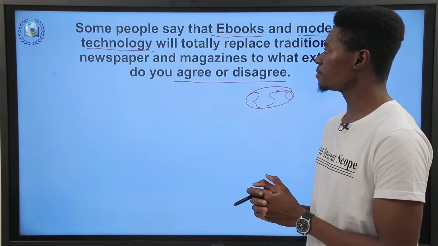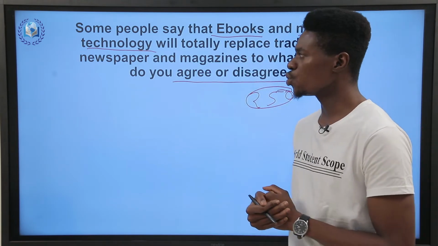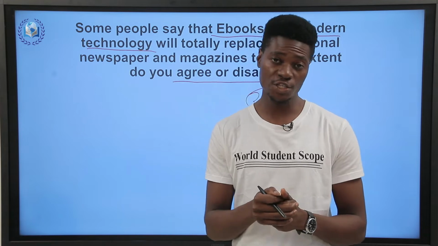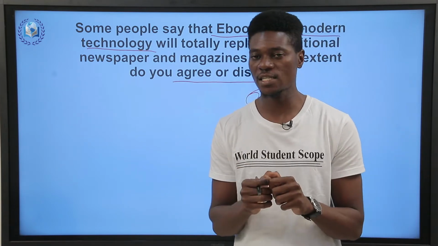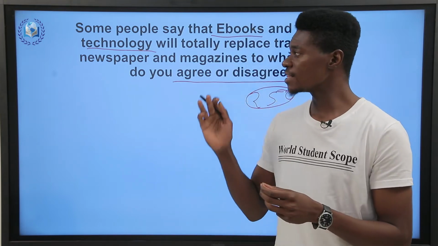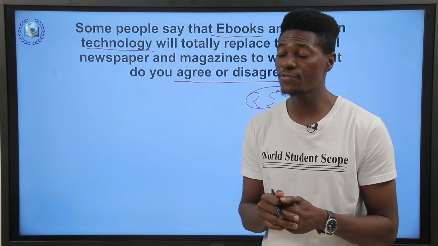After that, you have to write your introduction. The introduction will be written after understanding the task. Your introduction will include paraphrasing the keywords or the main features of the given question.